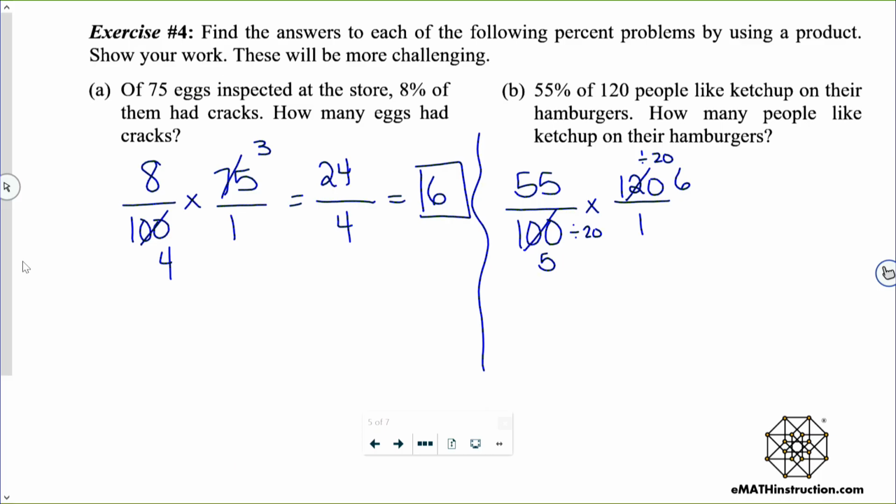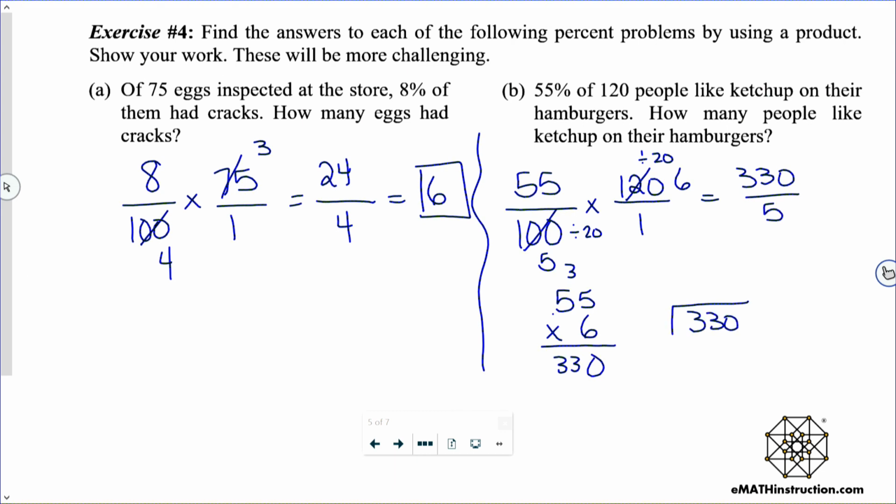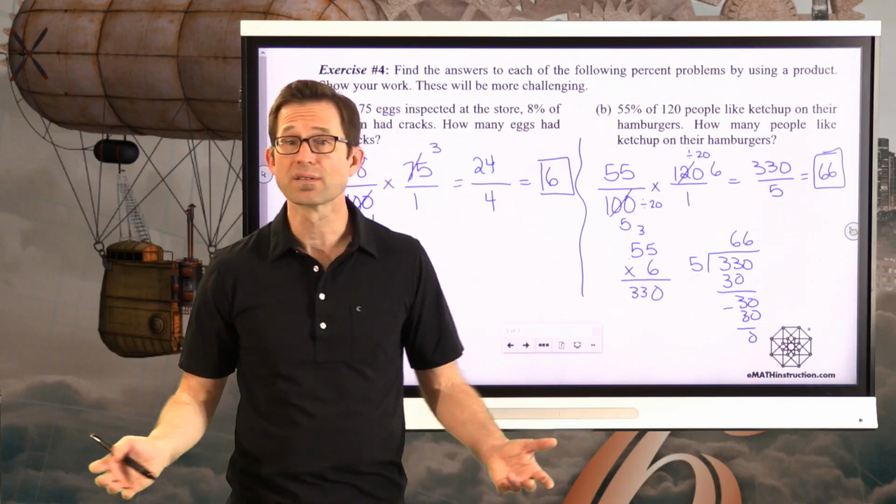So I now have 55 times 6 divided by 5. 55 times 6 gives me 330. So that's 330 divided by 5, and I divide it by 5 and get 66. I got a lot of 6's in this problem.